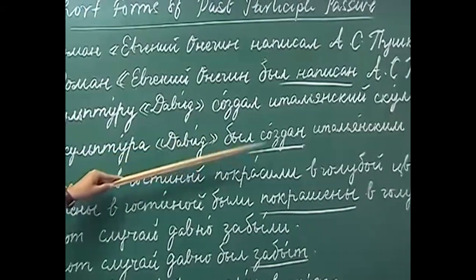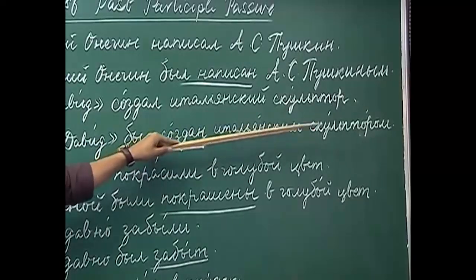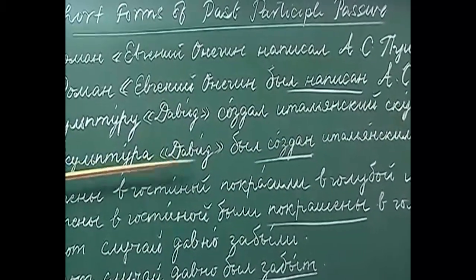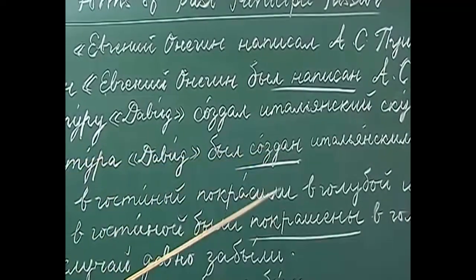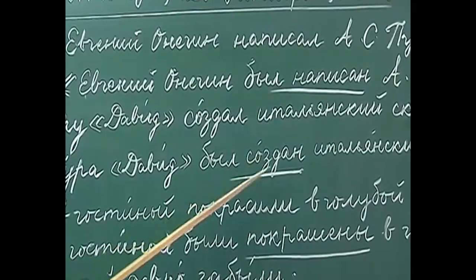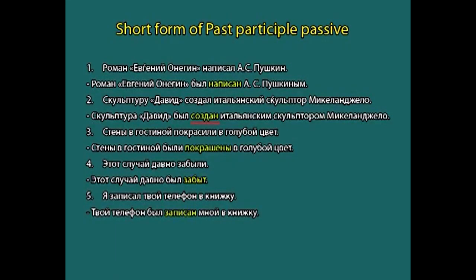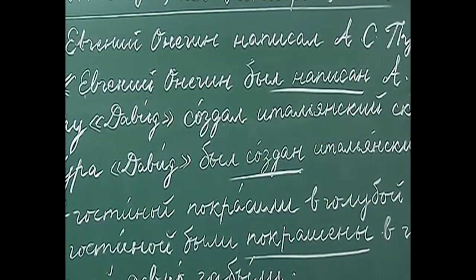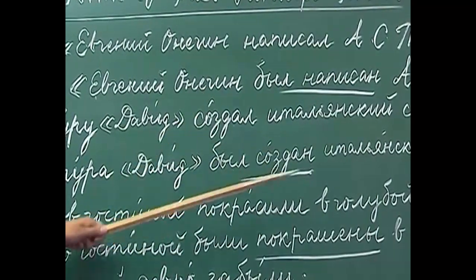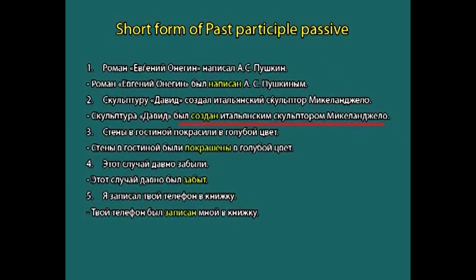Here we are using the short form of the passive participle past of the verb sozdat. And what passive participle do we derive from this verb? Sozdanni. And from sozdanni we form the short form sozdan. So, bil sozdan italianskim sculptaram.